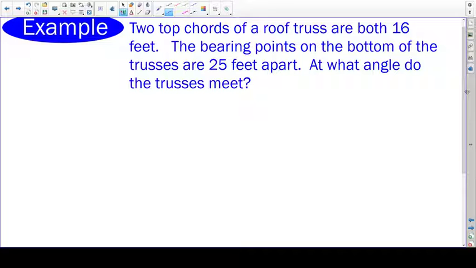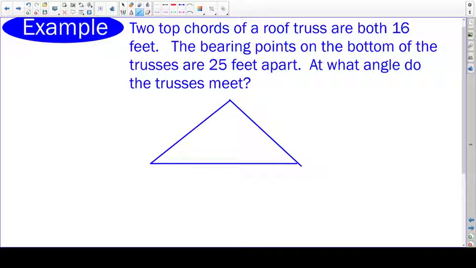Okay? So let's make a thing here. This is a thingamaroo. These are the chords. And this is the bottom. And I'll just adjust this a wee bit.